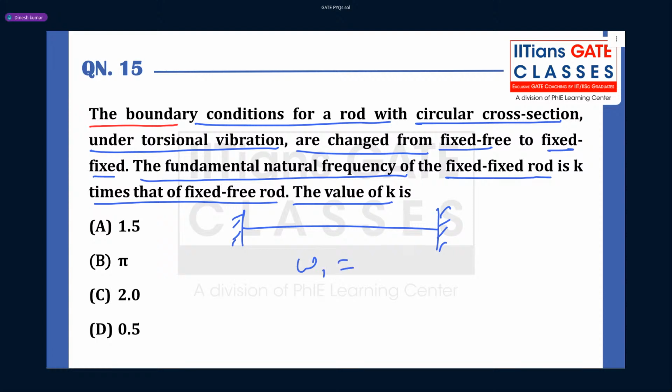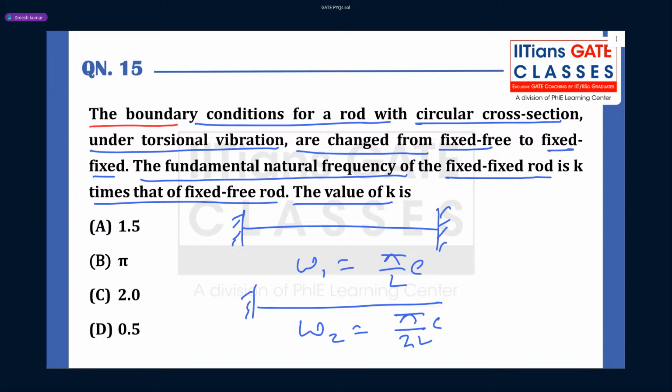It is pi by L into C. Now, if you have a fixed free condition, what will be natural frequency? It is pi by 2L into C. What is C? C is velocity of wave propagation.